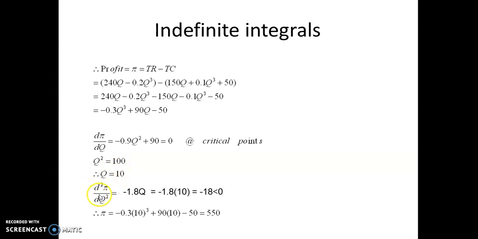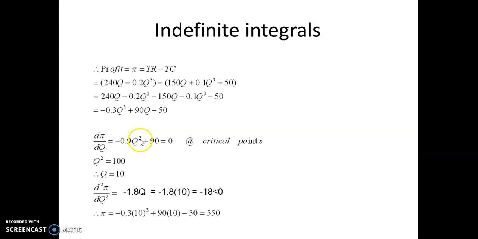We need to check our second order conditions to see that it is a relative maximum. And you should recall that for a relative maximum, your second order conditions must be negative. Remember the smiley face and the sad face. I'm not sure if that's how you were taught. So with your second order conditions, get your second derivative now of this function.